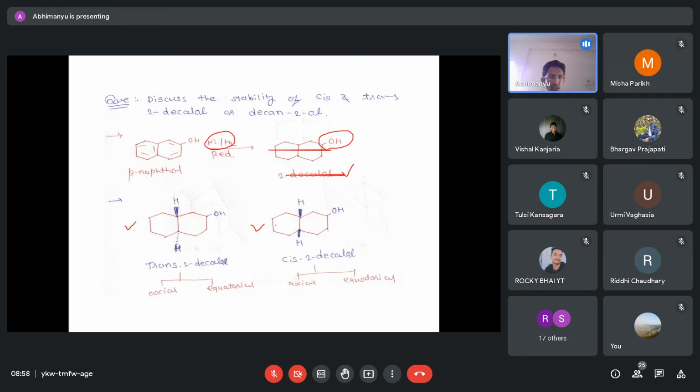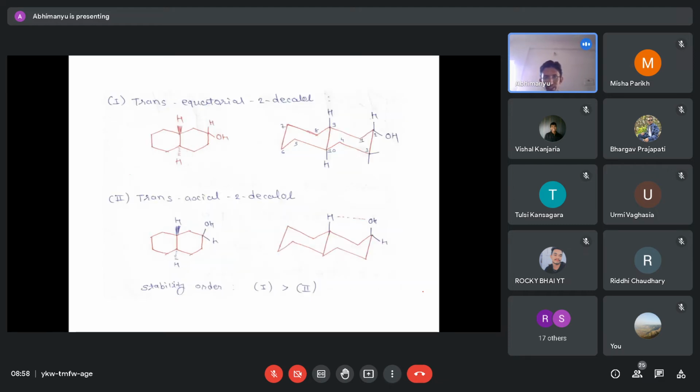But in trans as well as cis, there are two possibilities. OH in trans, first one axial possible, another equatorial, and same in cis, the position of OH either axial or equatorial. But don't worry about it. I will discuss all four categories one by one.